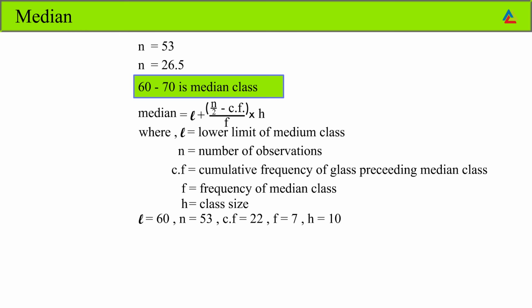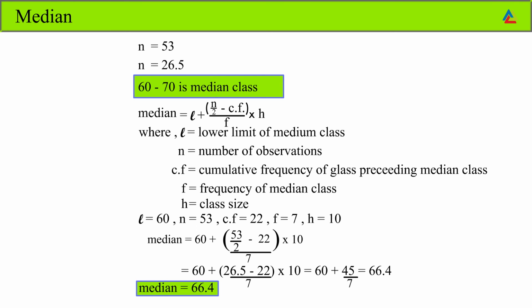Cf is equal to 22, which is cumulative frequency of 50 to 60. F is equal to 7, which is frequency of median class 60 to 70. H equals class size, that is 10. Upon simplification, we get median is equal to 66.4.